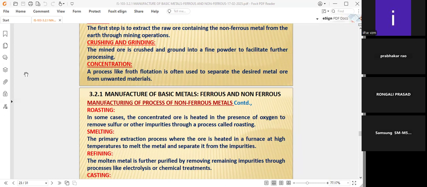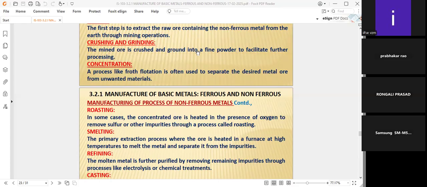Yes, sir. So the concentration is one, got the point? Separation, that's what a process like froth flotation is. Forget about froth flotation for some time. A process like this is often used to separate the desired metal ore from the unwanted materials. In the powder itself, we have unwanted materials and the wanted non-ferrous material also.